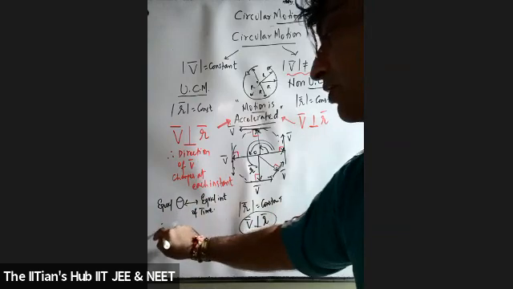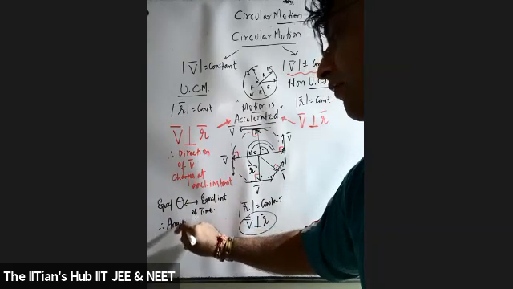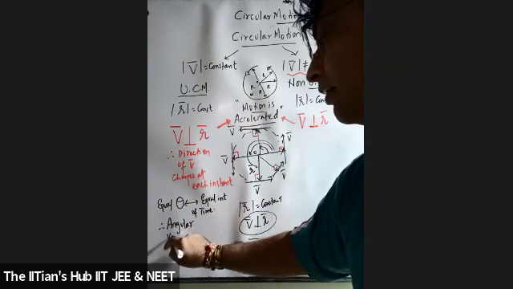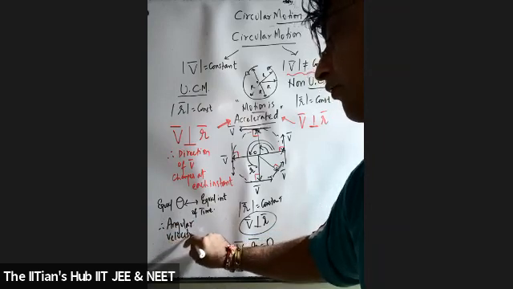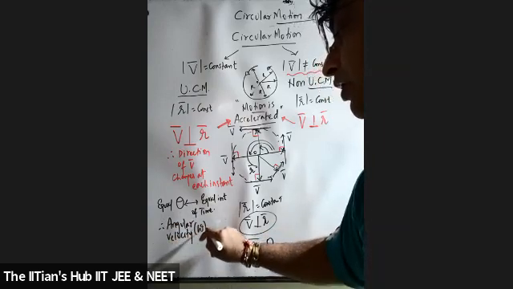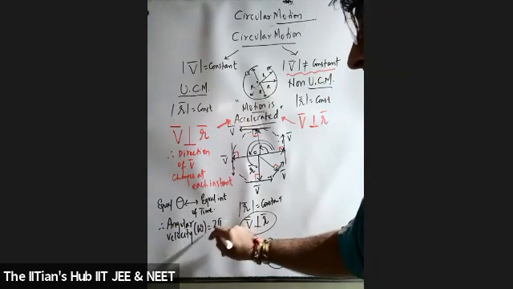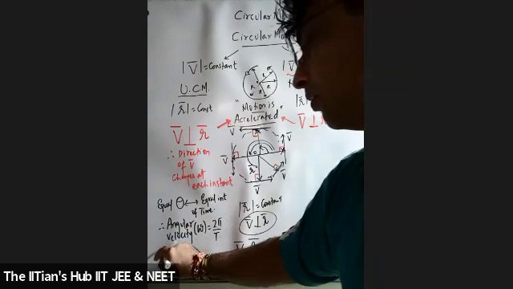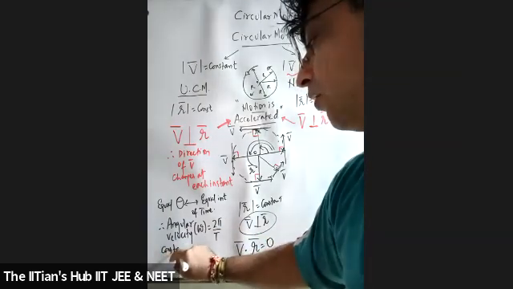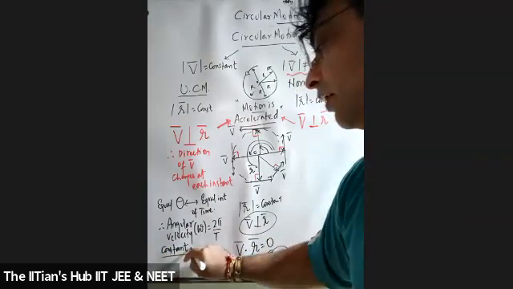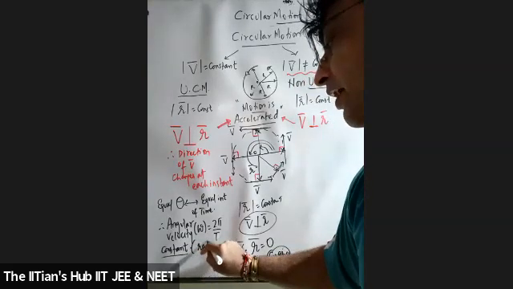Therefore, can I say, students, what is the angular velocity of the particle performing circular motion? It is 2 pi by T, and that all the time remains constant. The unit of this is always radian per second.